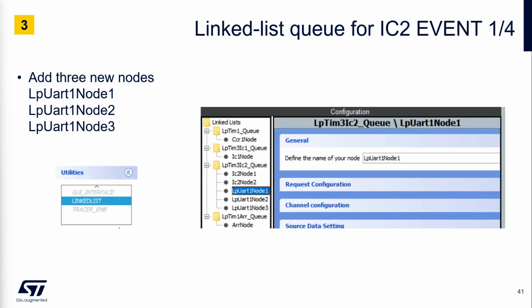And we can continue in settings for low power UART. Now we can add 3 new nodes for the input capture queue. Each node will transfer 1 variable, but only 16 bits from the total 32.